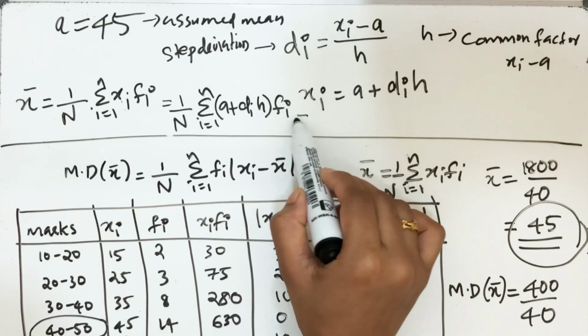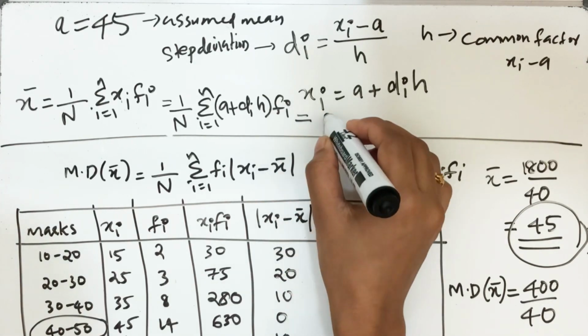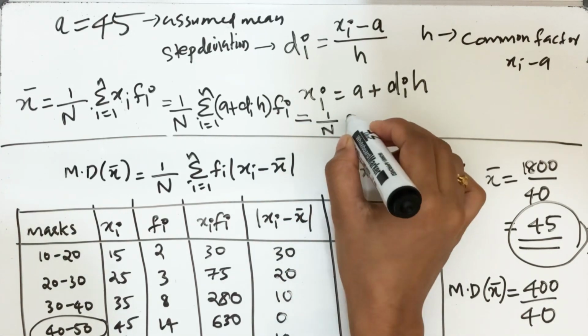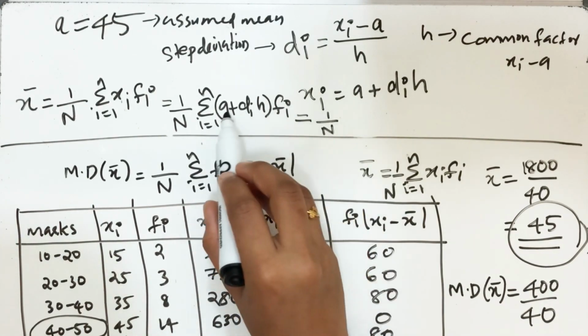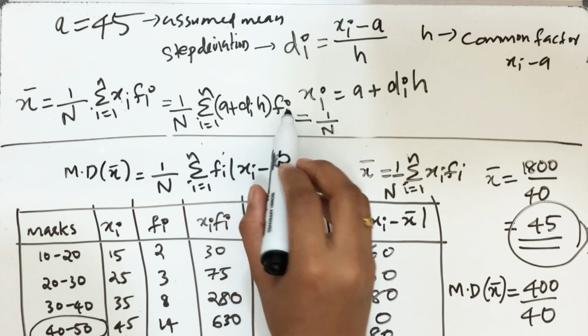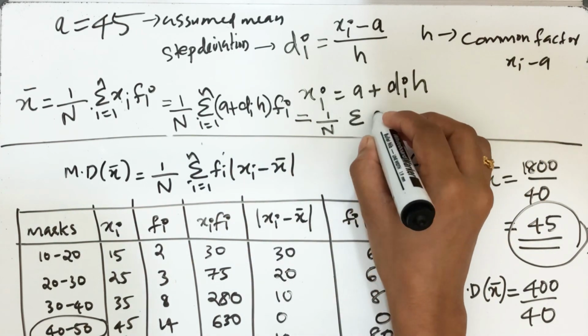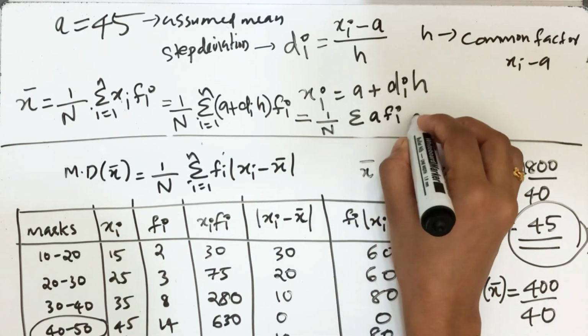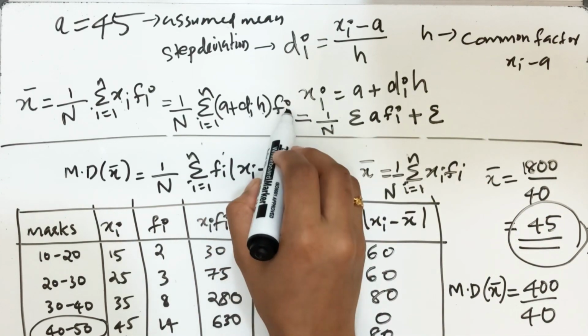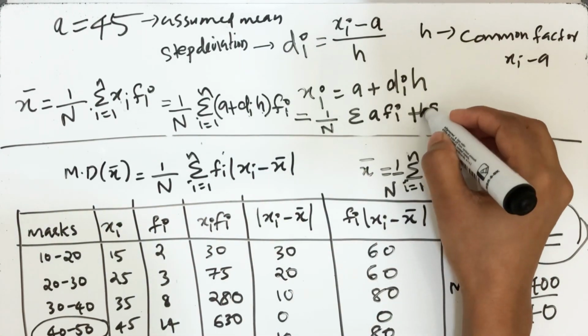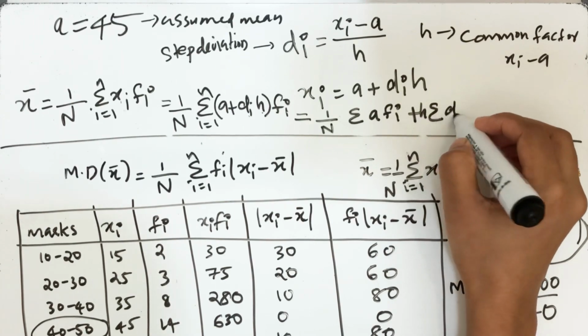Then expand. We will get 1 by n into sigma of a plus di h into fi, that is a fi plus di h into fi. We can write sigma a fi plus sigma h into di into fi. H is a constant, so we can take it outside: h into sigma fi into di.